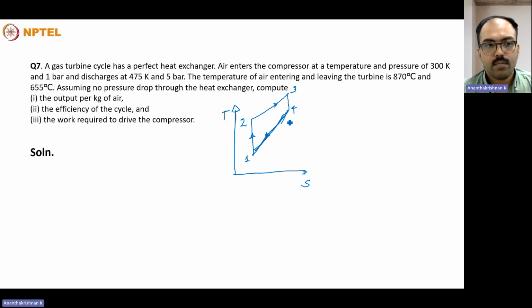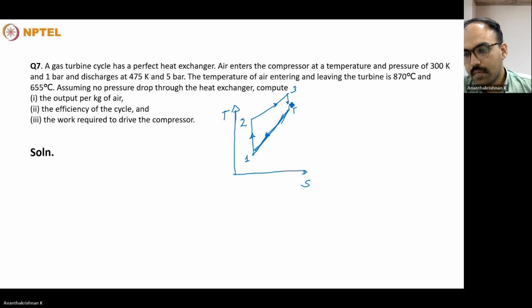So here in this particular problem, there is a perfect heat exchanger that transfers a bit of heat from the expanded gas after the expansion to the gas which is slightly compressed.